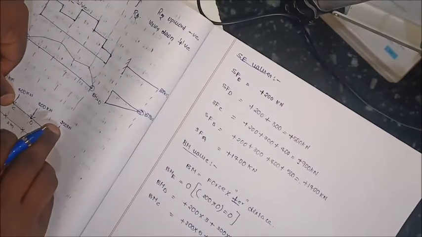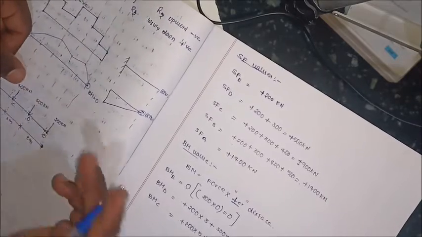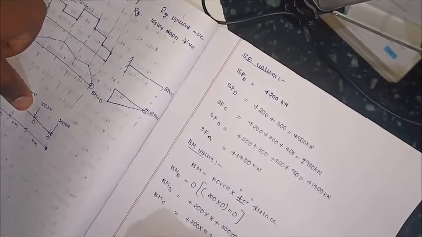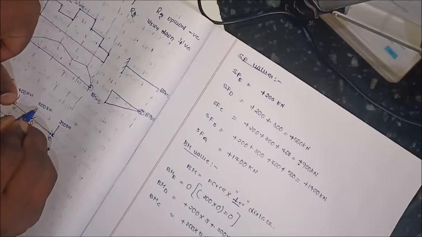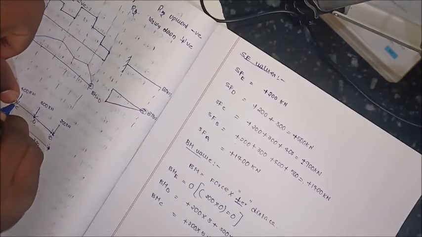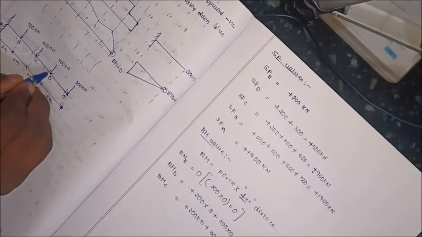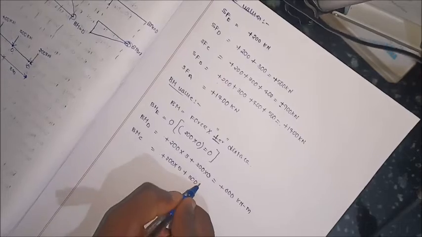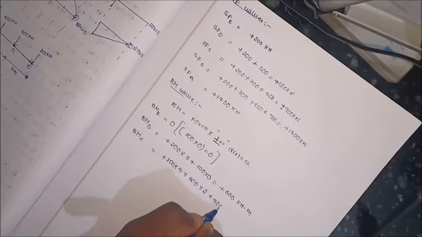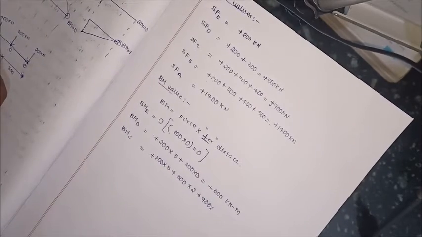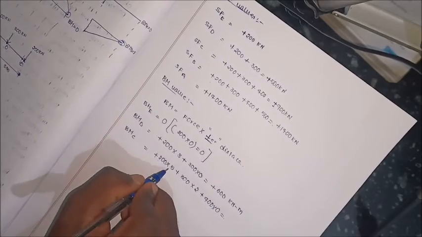This is a clockwise moment. In the same way, next 300 into the perpendicular distance, which is 300 into 2. Next 400 into the perpendicular distance from here to here, which is 0. So equal to 200 into 5, 1000, plus 600.